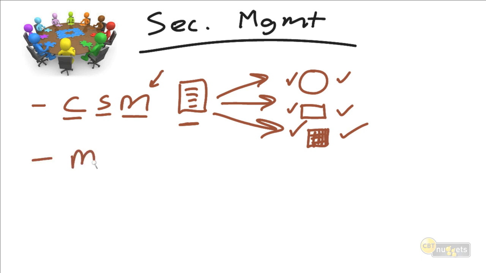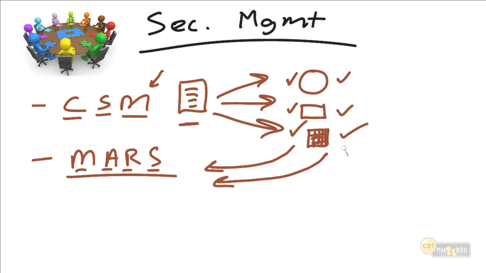A product that Cisco unfortunately gave up on, because I really thought it was pretty cool, is MARS, the Monitoring and Analysis and Response System. This product is end of sale, and of course soon it will go end of life, and Cisco will no longer support it. What MARS does is it takes all of the messaging coming from all of your different Cisco devices.